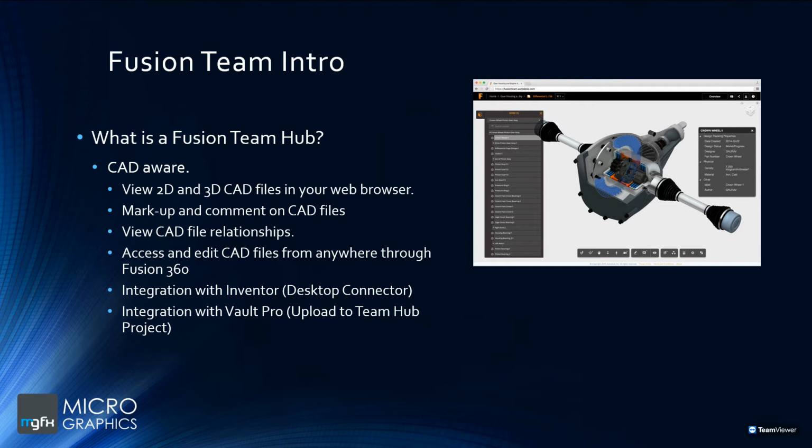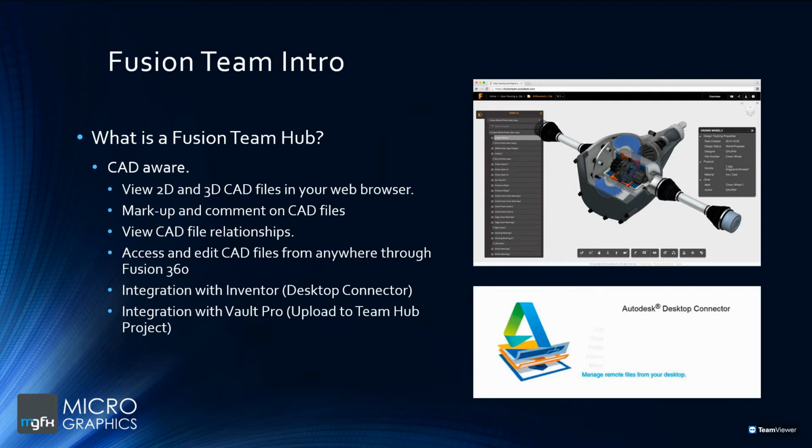So if you have Inventor files stored on that cloud drive, desktop connector would allow you to access them and edit them inside of Inventor. And Fusion Teams also has integration with Vault Pro. We are able to upload files to the Team Hub project. And once again, that's a point that we are aiming to look at in this webinar.